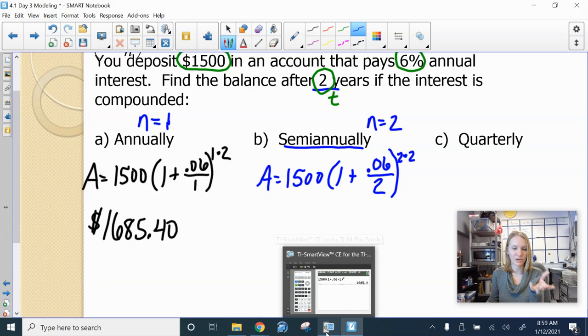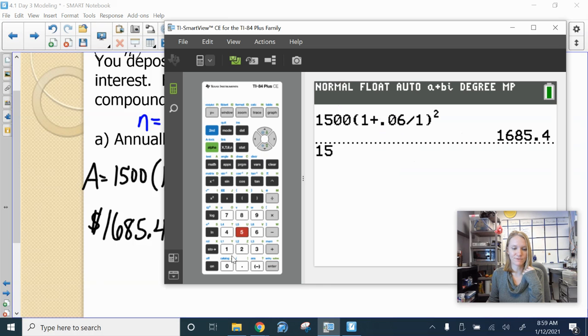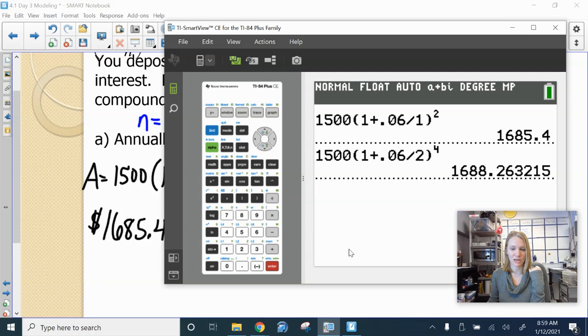So when we type this in the calculator, same thing: 1,500, 1 plus 0.06 divided by 2 now, because we're compounding twice per year, raised to the exponent, twice per year for 2 years. So that's 4 times in 2 years that we would have our interest.